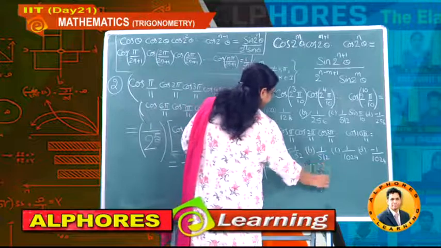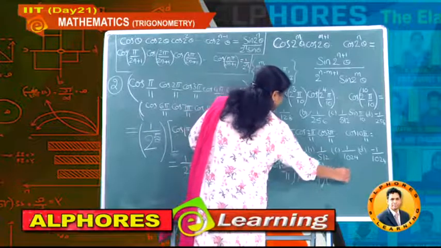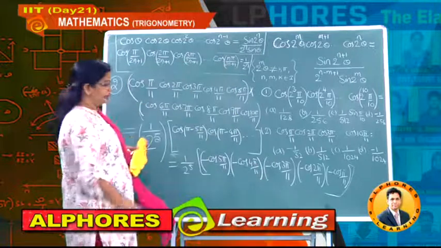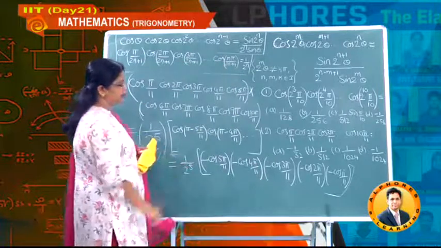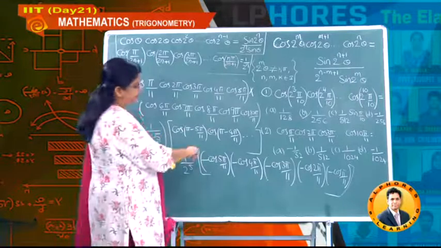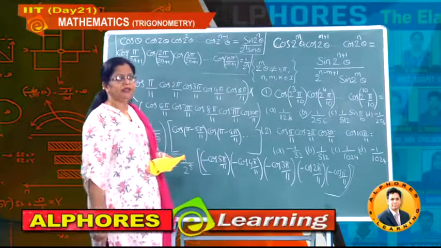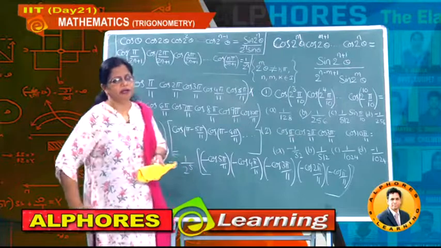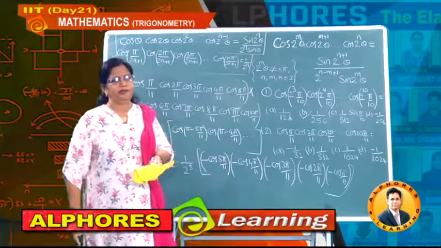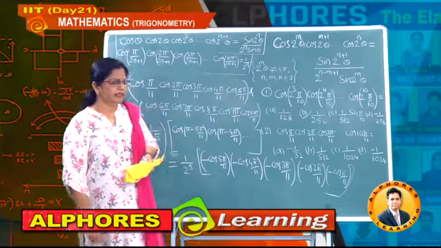So students, hope you got this step very easily, right? And now you got in this way. Done. Now this is 1 by 2 to the power of 5. Everywhere you got minus. Altogether how many terms are there in the product? 5 are there. Understand?